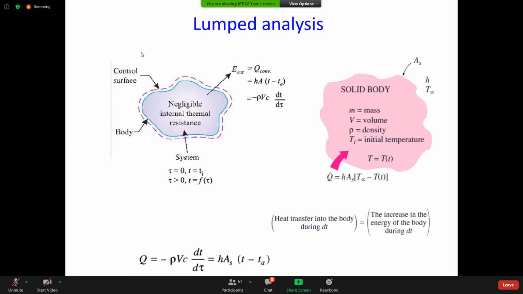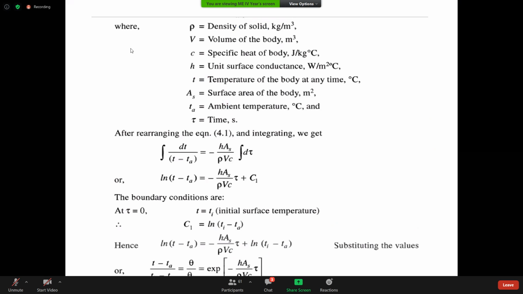So hAs by rho V Cp, it becomes like that, and this is the equation. If you integrate both sides, this is ln of this parameter, 1 by x dx. I got minus d tau, and the integration of d tau is tau only.